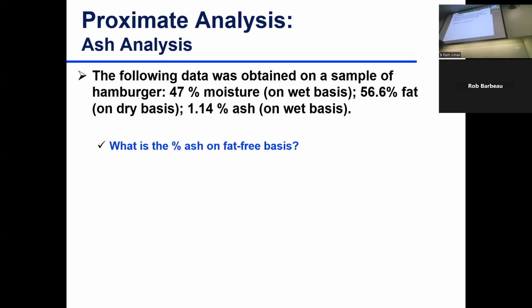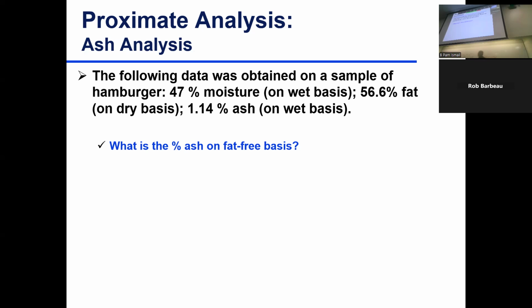So how much of that dry matter is actually fat content? So I would multiply this by 53 over 100.